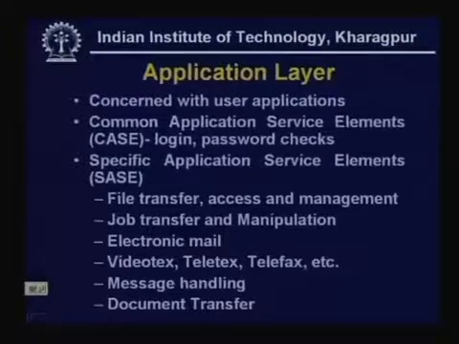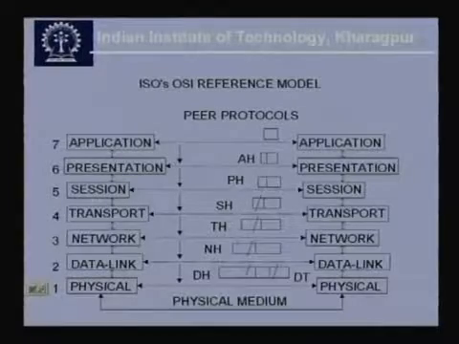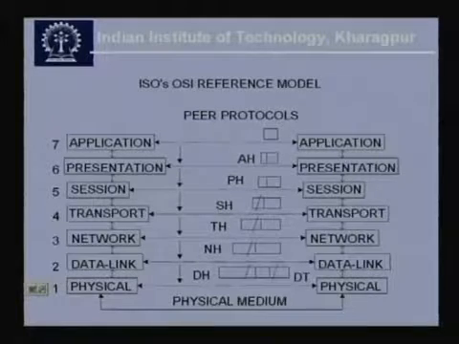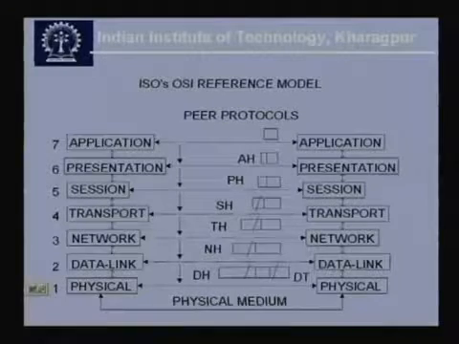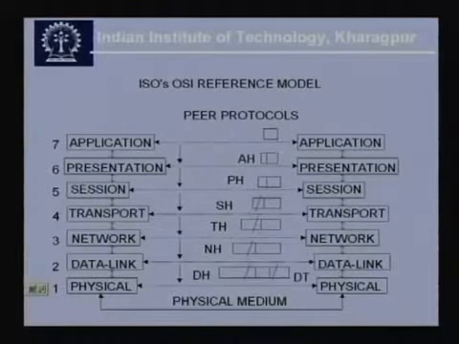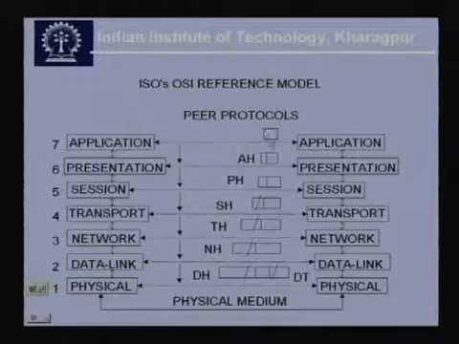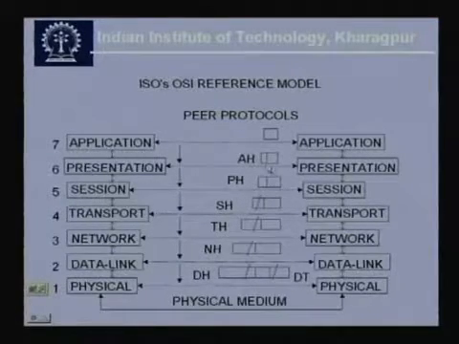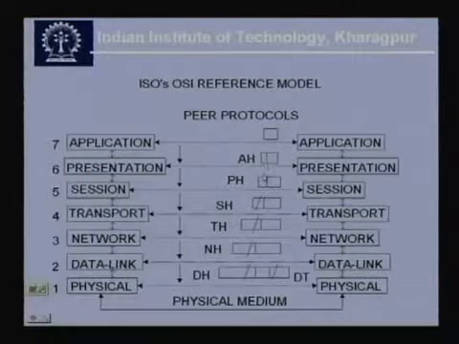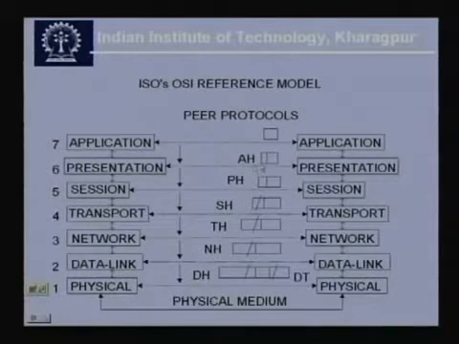This is the application layer, and this diagram gives, in a nutshell, the complete picture of communication. Here you see from the application layer some data is coming, and the application layer puts a header on it and sends it to the presentation layer.